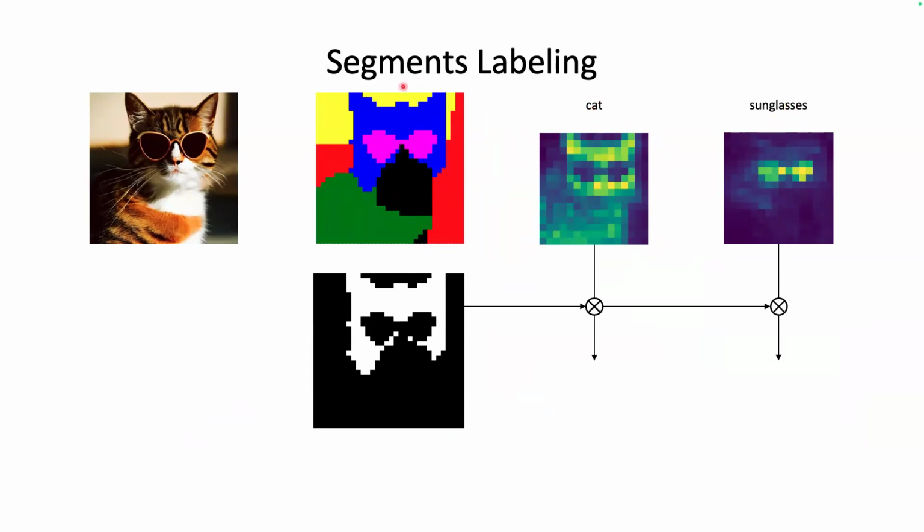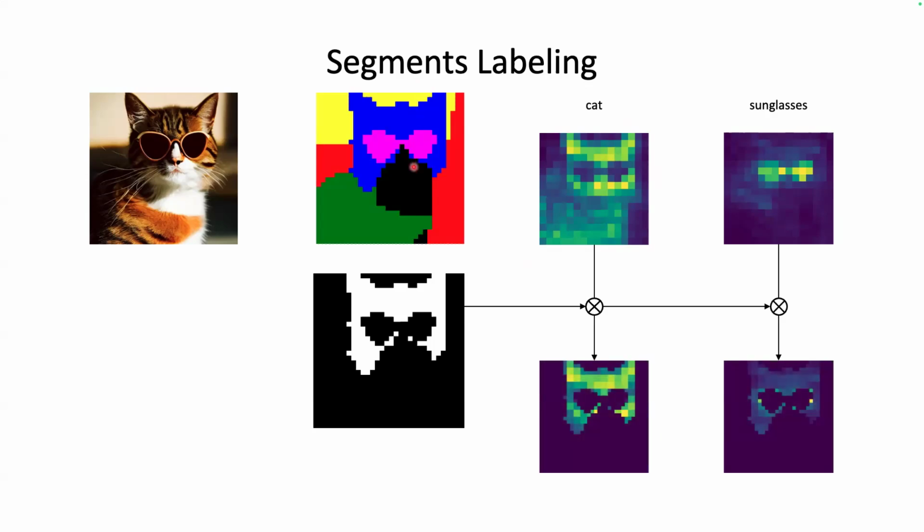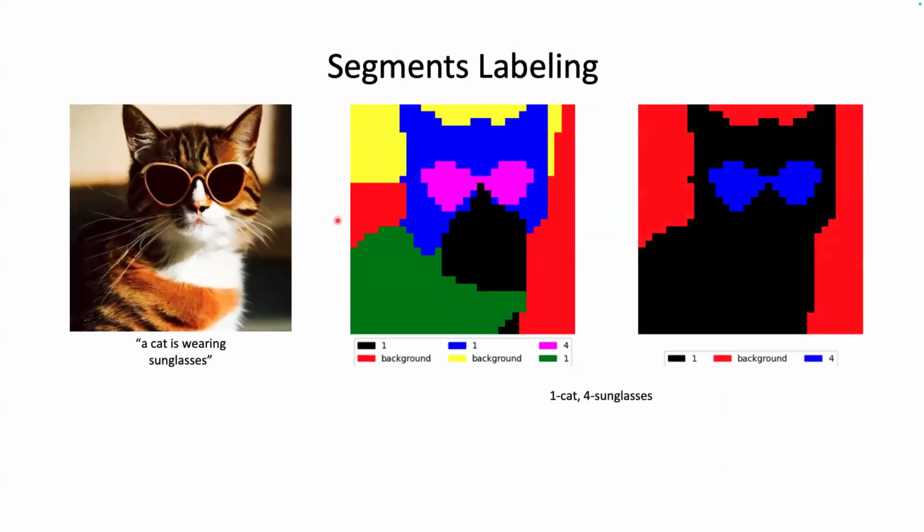For each segment, we can find the word that has the highest intersection with it. For example, for this blue segment, we can calculate the intersection of this segment with each of the cross attention maps, and we're going to get the highest score for the word cat. After we label each of the segments, we get a very nice segmentation, again for free without any supervision.